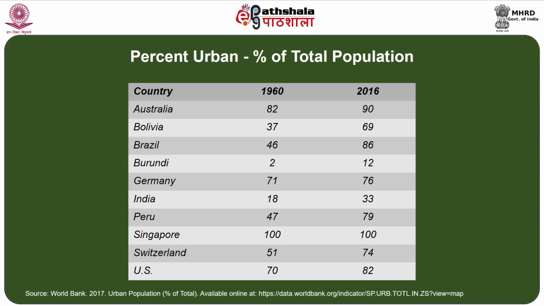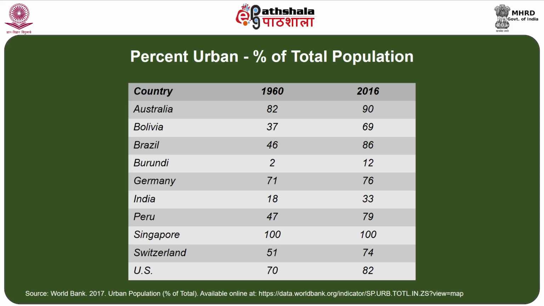For example, we see that Singapore has been 100% urban in 1960 and also in 2016, while Switzerland was 51% urban in 1960, which increased to 74% in 2016, and the US from 70% in 1960 to 82% in 2016, and Brazil from 46% to a much larger figure of 86% in 2016.